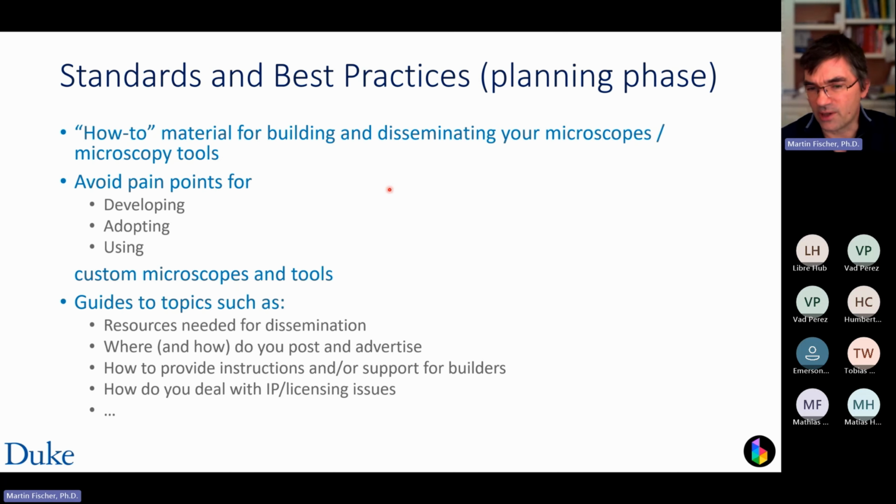Where do you post things? How do you advertise this? How do you go about doing this? What are the IP restrictions or licensing issues? So we are trying to assemble this in a standards and best practices document. We're actually going to do this by following somebody who develops a microscope and then advising that person through community efforts to write this down and then post this.